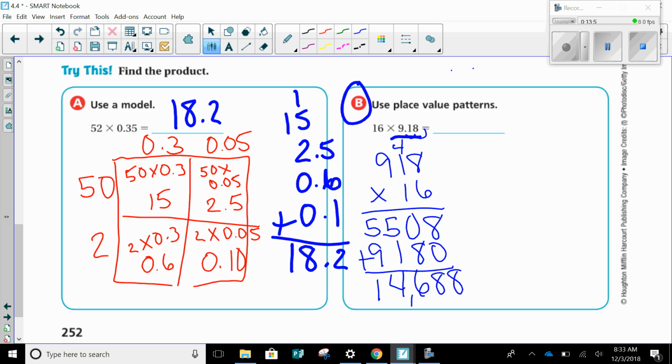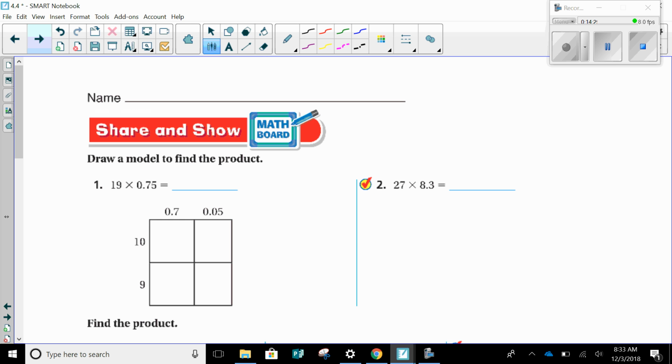Now I have to put those decimal points back in. So to do that, I'm going to move my decimal point back over 2 places, because right here it's 2 places. Okay, so then my answer will be 146.88. Okay, so not too hard, not too difficult.